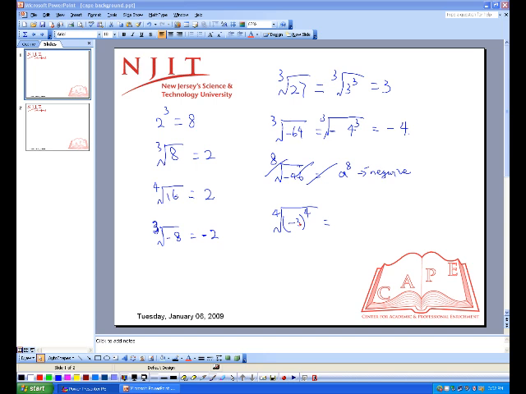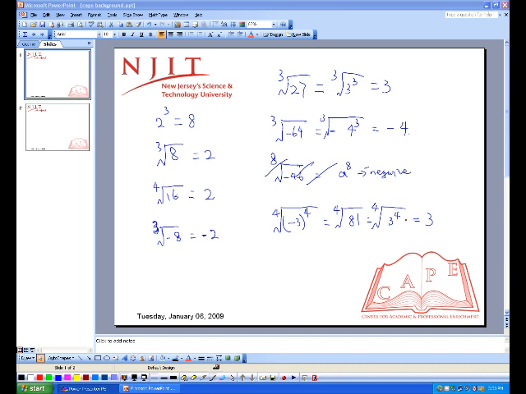After you do that, you don't have a negative number anymore, because negative 3 to the fourth power is equal to 81, and 81 is not a negative number. You can write it as 3 to the fourth power, which means the answer is going to be 3.